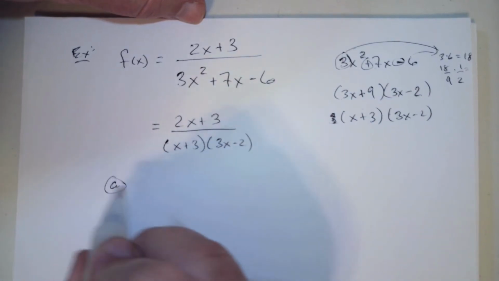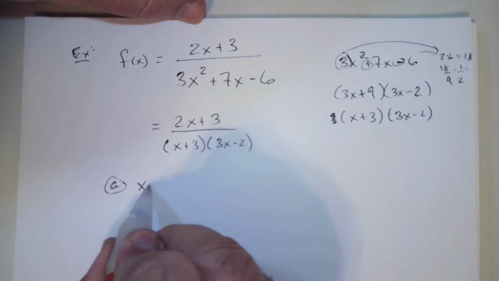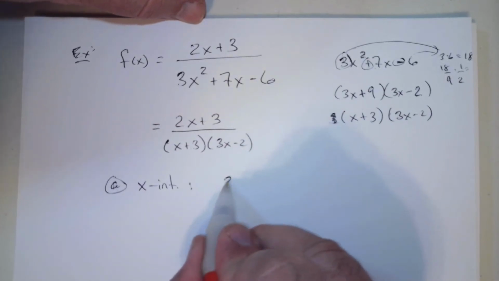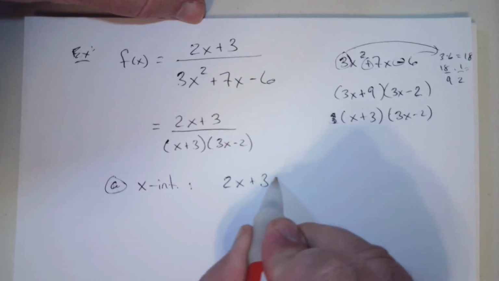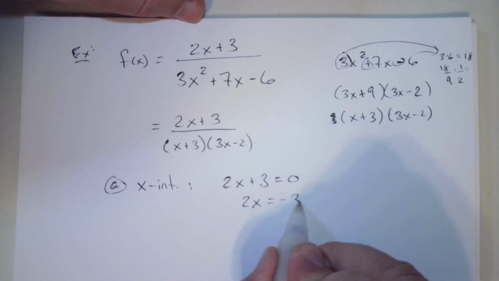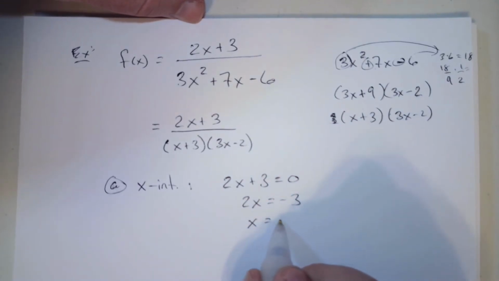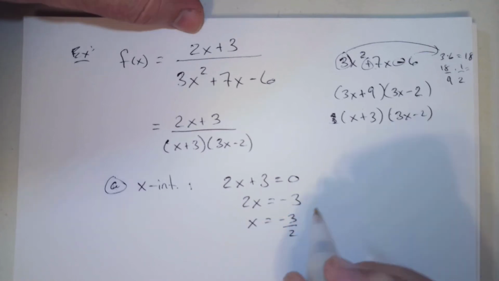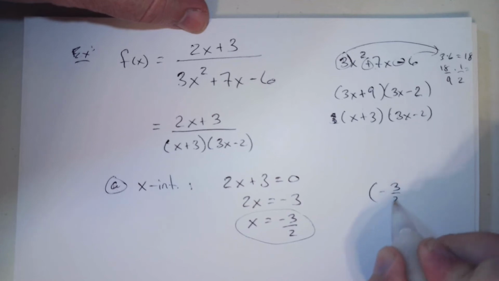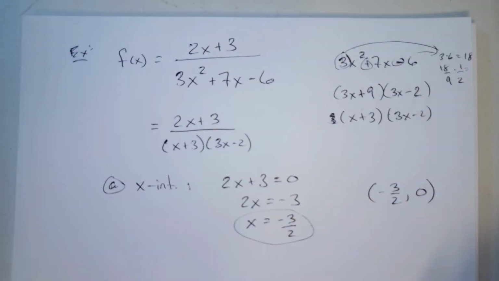So A, the x-intercepts. Set the top equal to 0. So 2x equals negative 3, x equals negative 3 over 2. So that's my x-intercept: negative 3 over 2, 0.